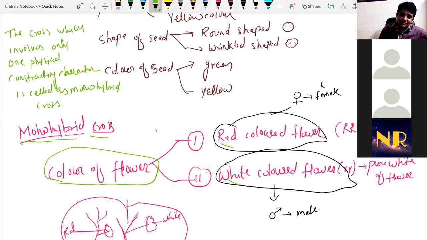That's why he is now the father of modern genetics. Today's genetics totally depends on Mendel's cross only. So after his death he got honored. So this is the definition for the monohybrid cross.